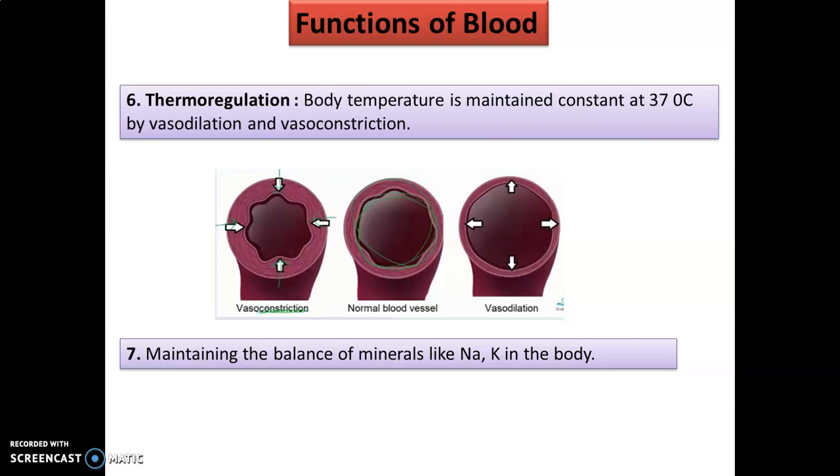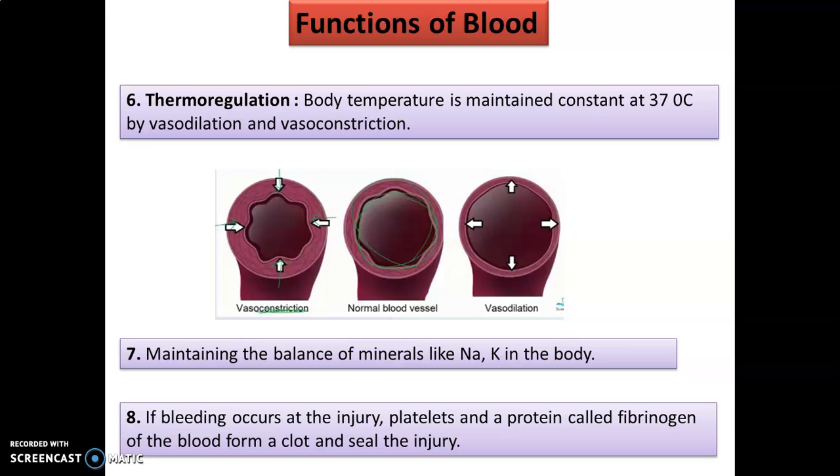Then maintaining the balance of minerals like potassium and calcium in the body, which is required. Na stands for sodium, K stands for potassium. Then we have calcium also, which is required for the proper growth of the body. So all these are the functions of the blood. Then if bleeding occurs at an injury, platelets and a protein called fibrinogen of the blood form a clot and seal the injury.